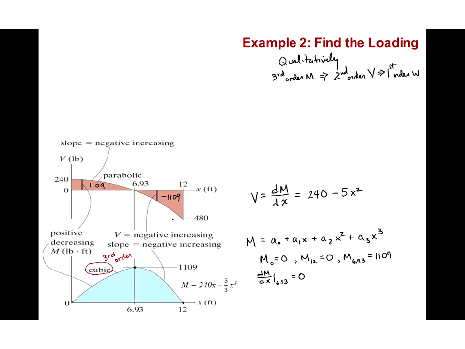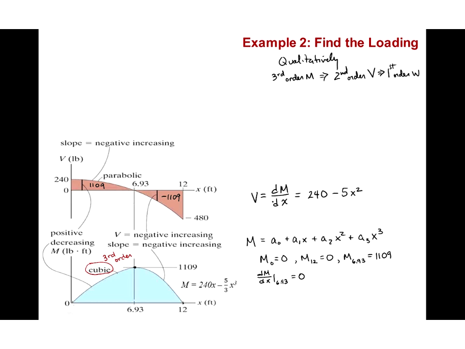Okay, now finally, deducing what the loading diagram looks like, we can tell that if V has a slope that is negative and increasingly negative all along its length, then we know that W must be negative, have a negative value, that is, be downward, along the entire length from 0 to 12.